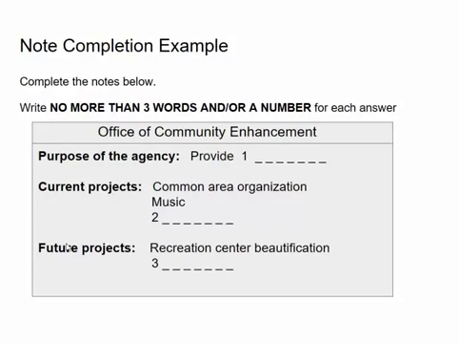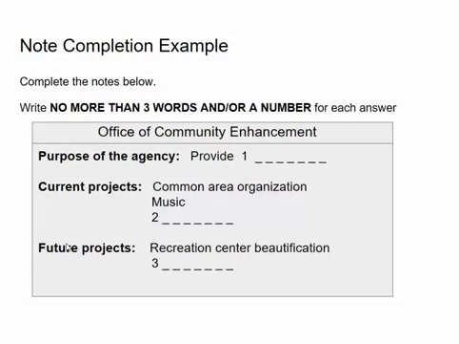All right, then as we go down, notice along the left side of our notes, we have what looks like category information. So the purpose of the agency, the current projects, and the future projects. Okay, really good clues there, indicating when you're going to need to move from one question to the next as you focus on listening for the answers, right?